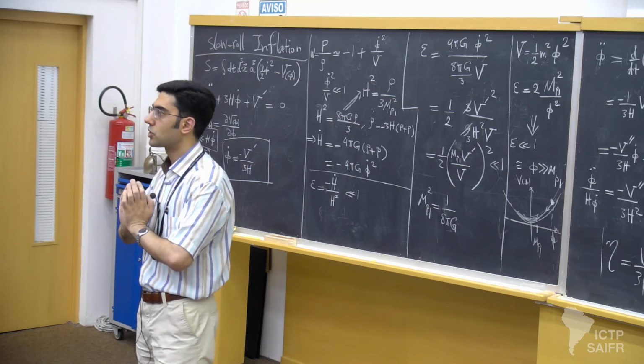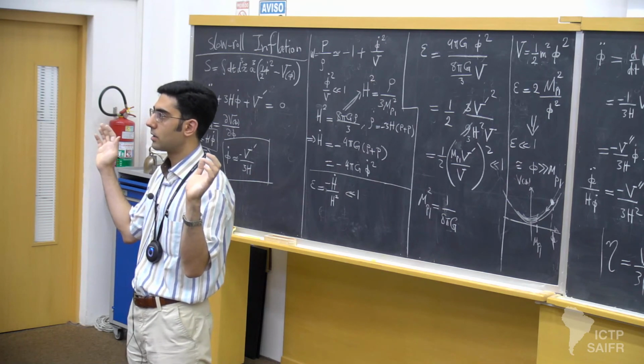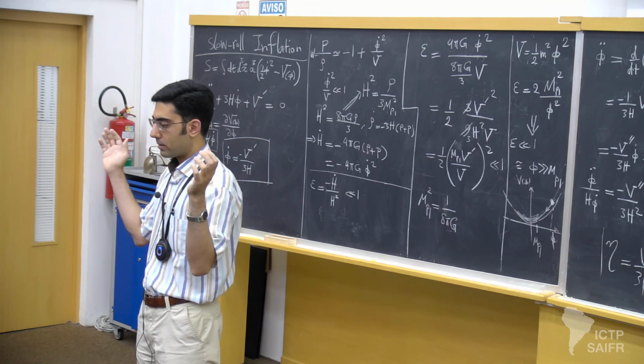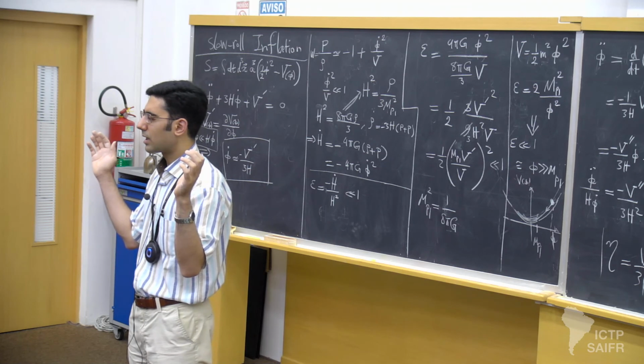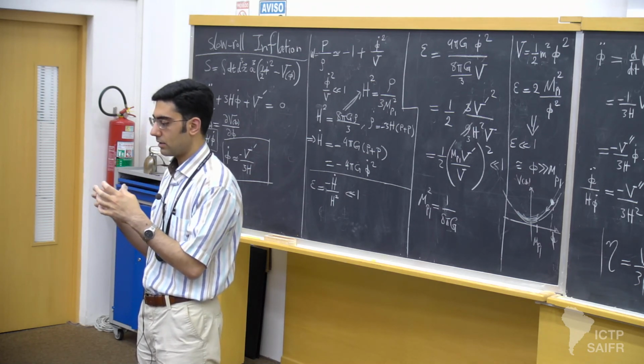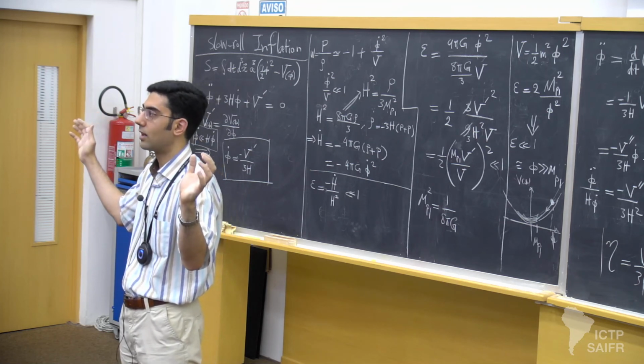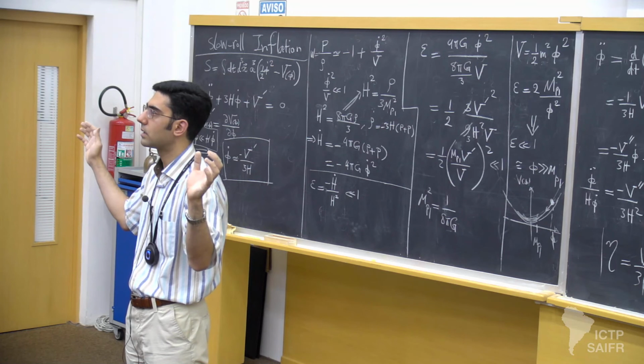We have modes which are inside the horizon, and then they stretch outside. For instance, they were in causal contact, and then they get stretched to regions that are not in causal contact anymore.